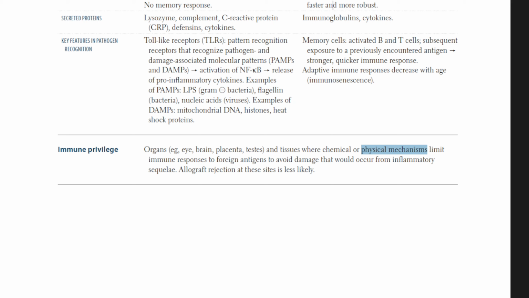That's why the eyes can have a tolerance to allografts when you have a transplant from another person. With the cornea, it is very likely that you won't have any rejection. In some privileged tissues, like the eyes, allograft tissues from another individual can be accepted without extensive immunosuppression.